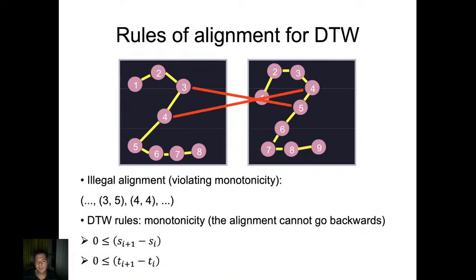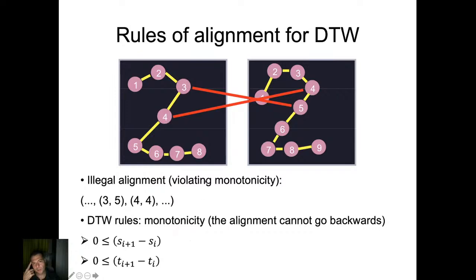Then also what you want to have is monotonicity. To make sure that the alignment is monotonous, you need to make sure that you cannot go backwards with an alignment. For example, if we have matched frame 3, so the hand location in frame 3, with the hand location in frame 5 here, we cannot go back and try to align 4 with frame 4 in this video.